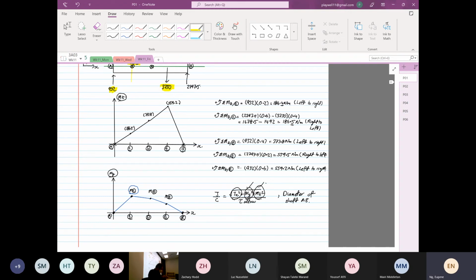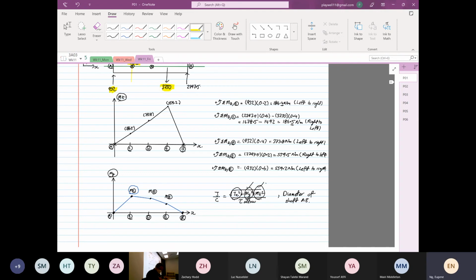Our moment in Z is equal to 559.2. Okay, I'm going to take 559.5 Newton meter.